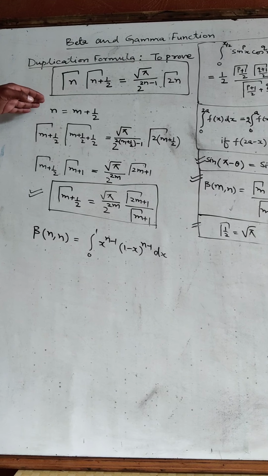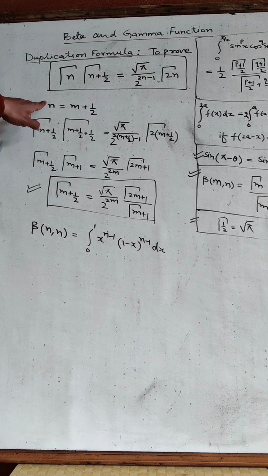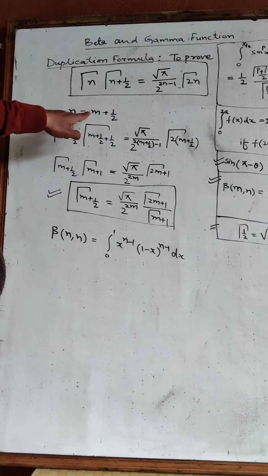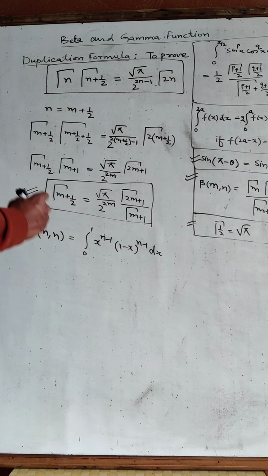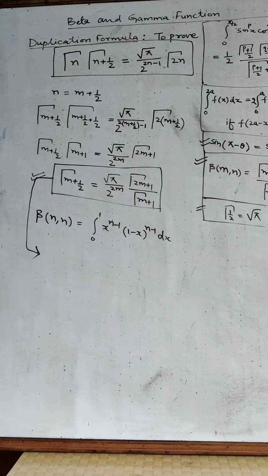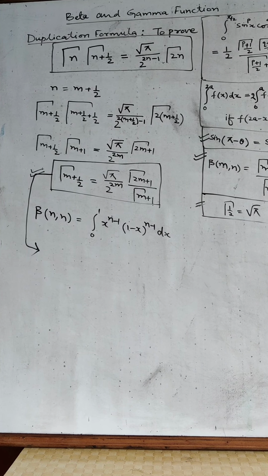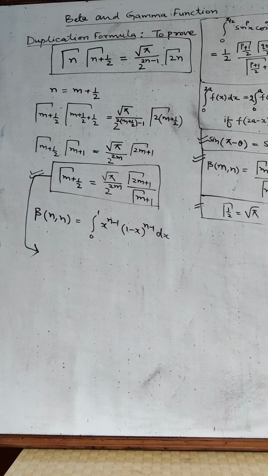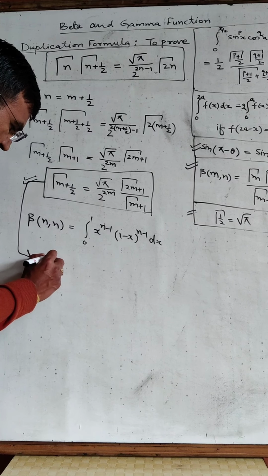And when we got this second form, what have we done? We have replaced n by m plus 1 by 2. So students, you have to keep in mind that you have to reproduce the same result step by step. There will be no change, just you have to change the start.